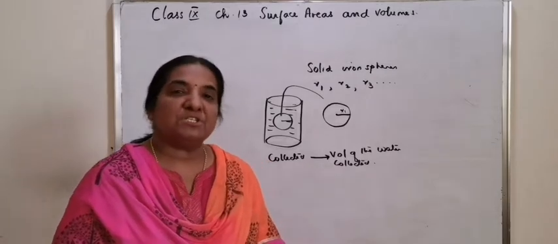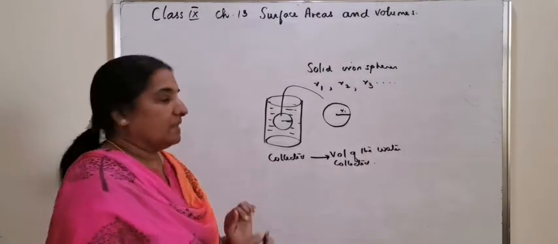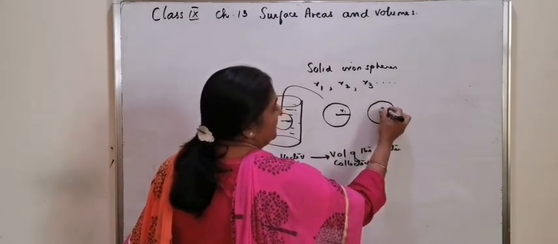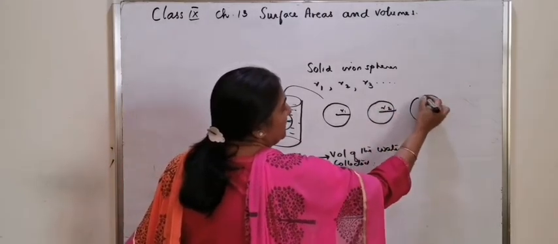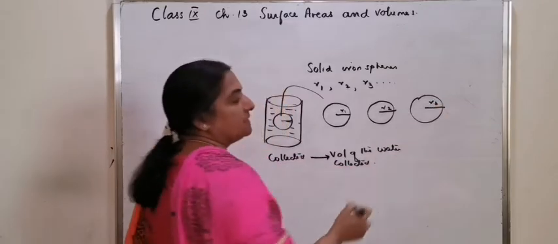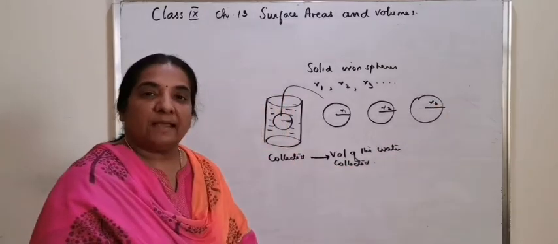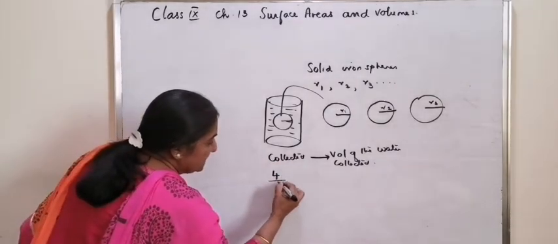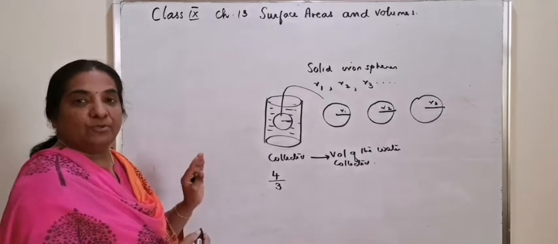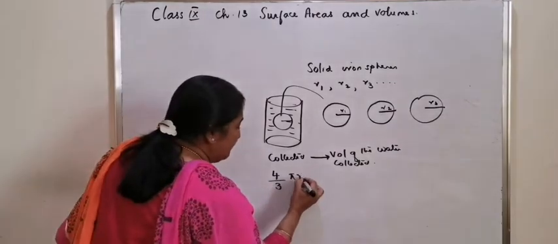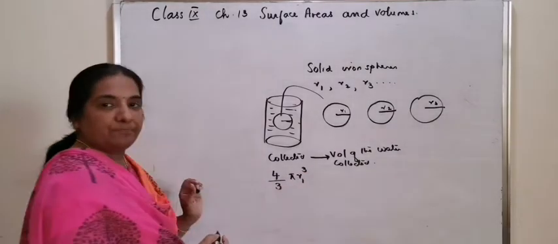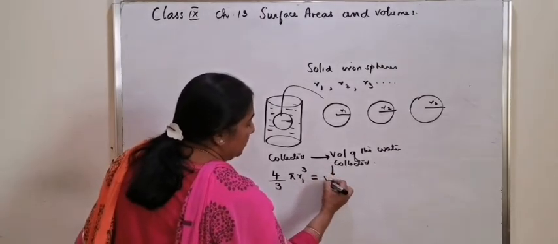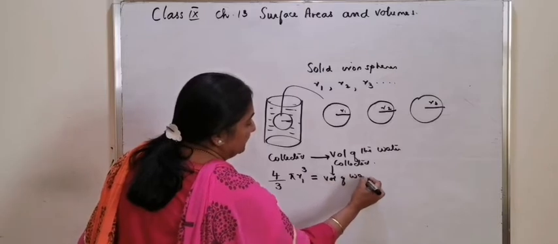The same procedure is repeated by dropping the spheres of radius R2, R3 and so on. In the first case, if you find the value of 4 by 3 pi R1 cubed, that value will correspond to the volume of water collected.